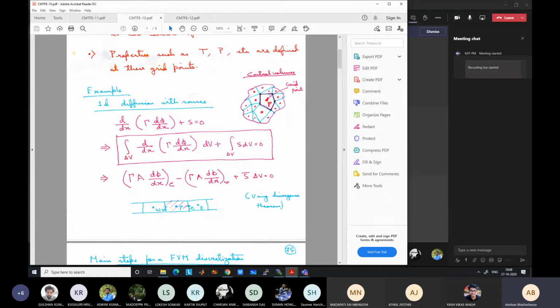For example, if you know the coordinates of the vertices, you can calculate the slope of this face, the normal direction to the face, the central point or centroid of the control volume, everything can be calculated. What is the distance between the neighboring grid points, all this can be calculated.